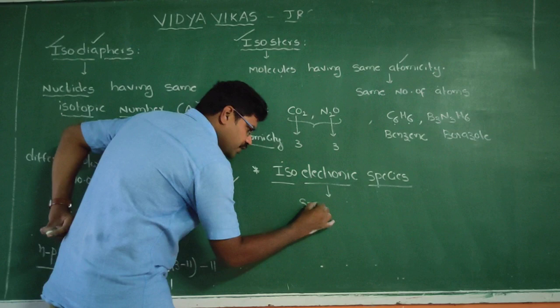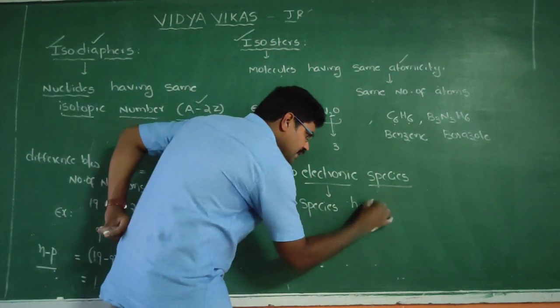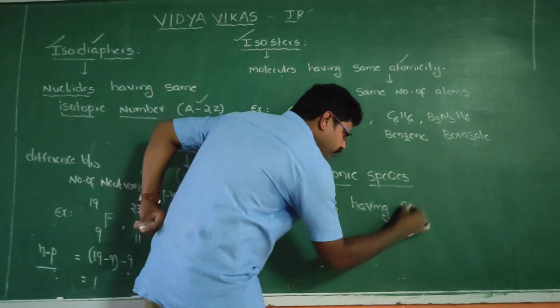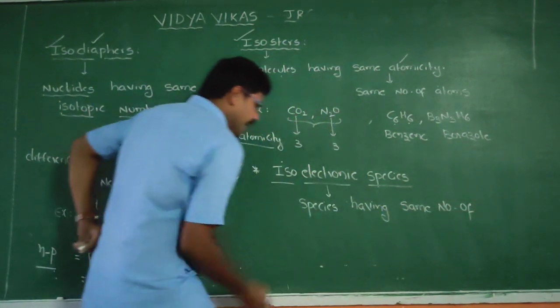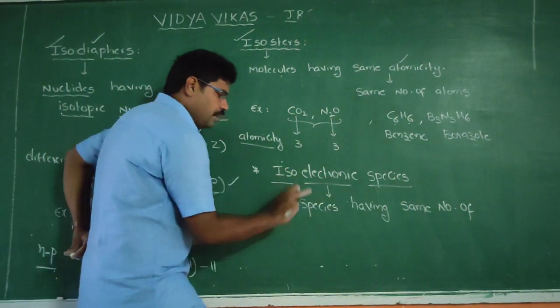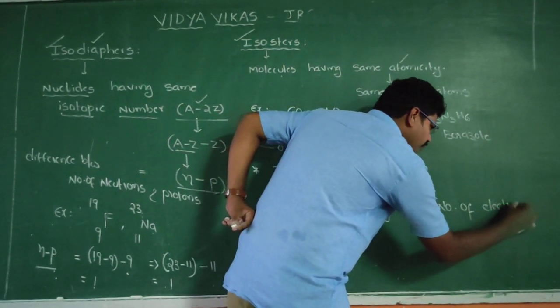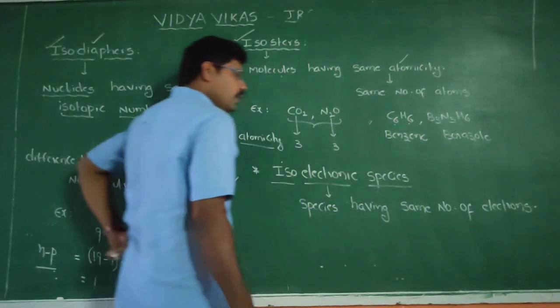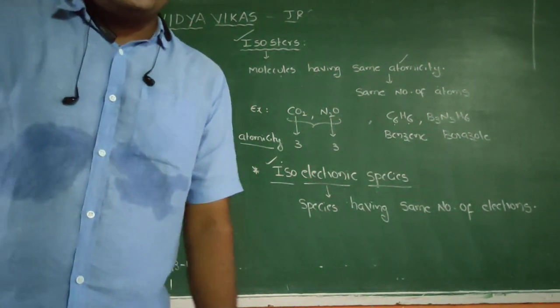Isoelectronic species means the species which have the same number of, just look at iso, same, electrons. The species which have the same number of electrons, we call them isoelectronic species. Keep in mind.